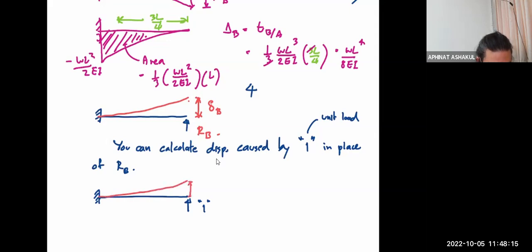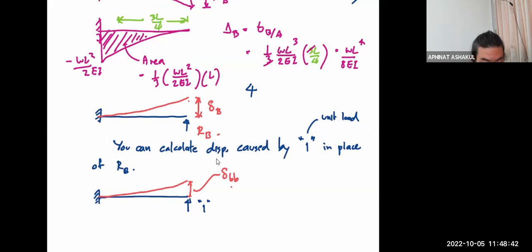At this time, generally, the nomenclature is delta small b, and there are two b's, to indicate that this unit load is applied at B, and we are calculating the displacement at B. Okay, there are more to that, and we will come back and maybe discuss why we have to be here.